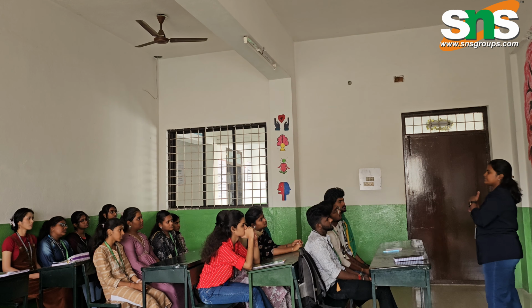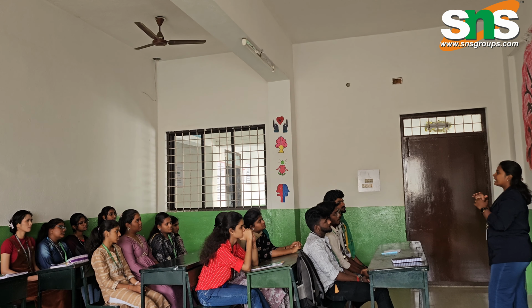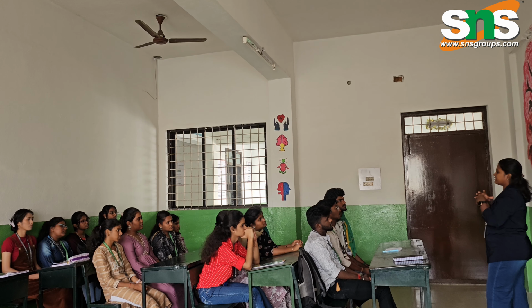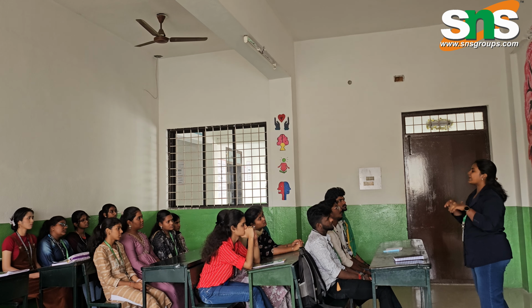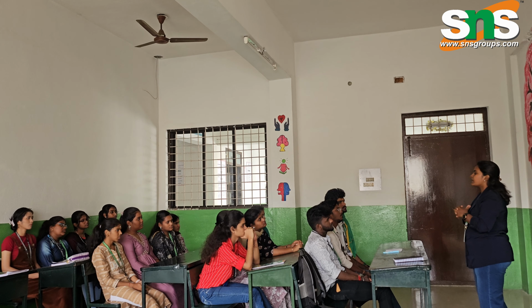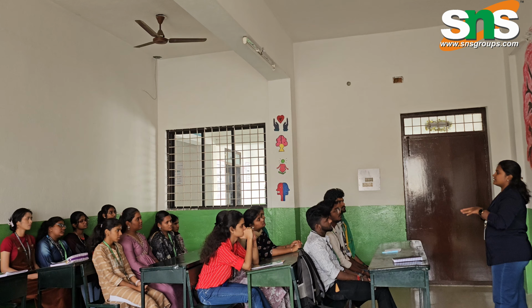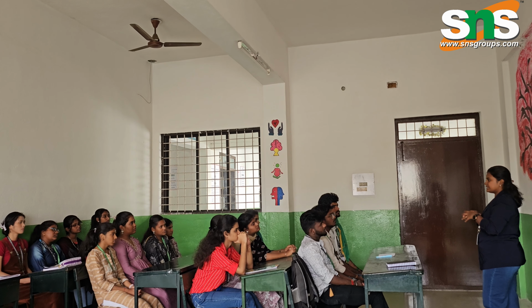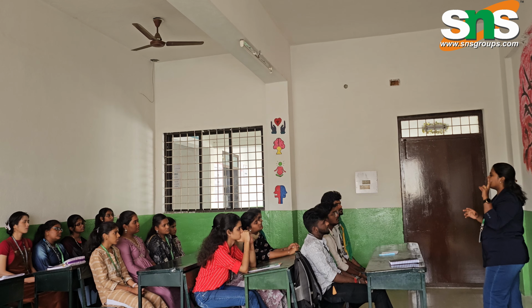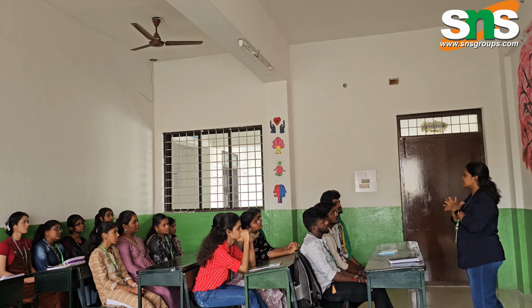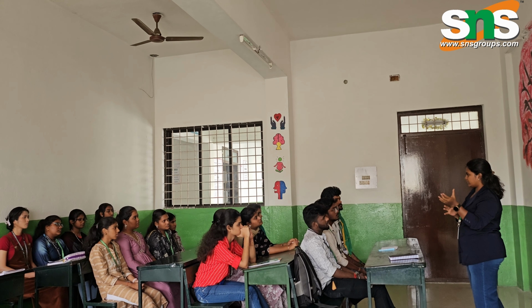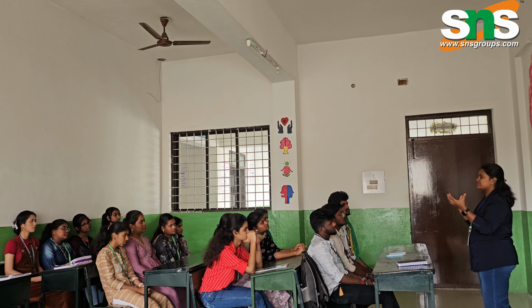Whereas the limbic system has already developed in this stage, which deals with emotions and impulse control. So in the puberty stage, there will be an imbalance between the prefrontal cortex growth and the limbic system growth.